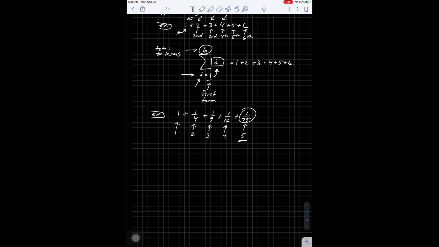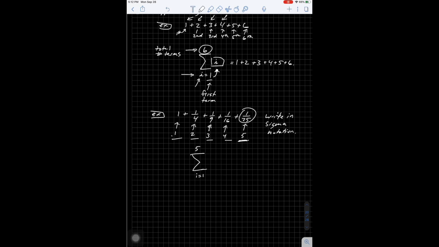If I want to write this, the directions would say write in sigma notation. So I draw my sigma, and I'm going to start at i equals 1, and then how many terms do I have? I've got 1, 2, 3, 4, 5, so this goes up to 5.